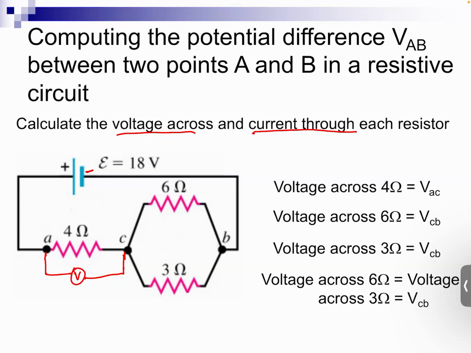Regardless of whether you encounter in the questions, assignments or tests the notation VAC, or voltage across whatever resistor, they mean the same thing. So just be aware of points indicated in the circuit.